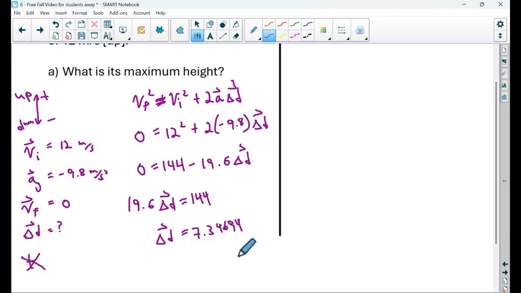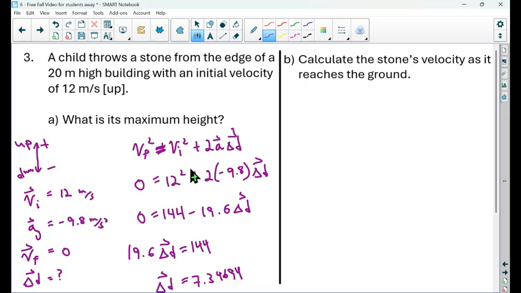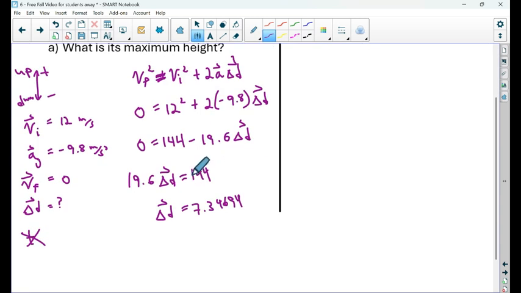Now, you could just leave it at this, but its maximum height, it's actually thrown from the edge of a 20-meter high building. So if I want to know the height off the ground, I need to add that 20 meters to my number, because this 7.3 meters is only the height above the building, not above the ground. So I'm going to write myself a little note here. I'm going to say plus 20 meters for the building.